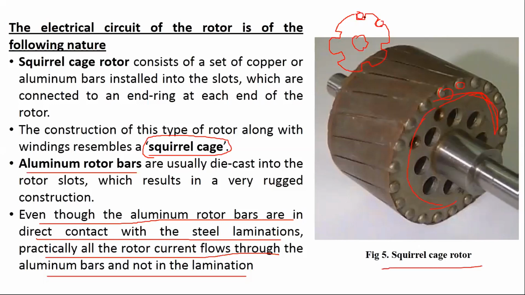Now what is done, basically they are welded to the rings, or you can say they are welded to the laminations, right? They are welded here, and from the other end also they are welded, right? So though there is a metallic contact between the aluminum and the ferromagnetic material, still the current will keep on flowing in the bars only. The current will not go into the ferromagnetic material, right?